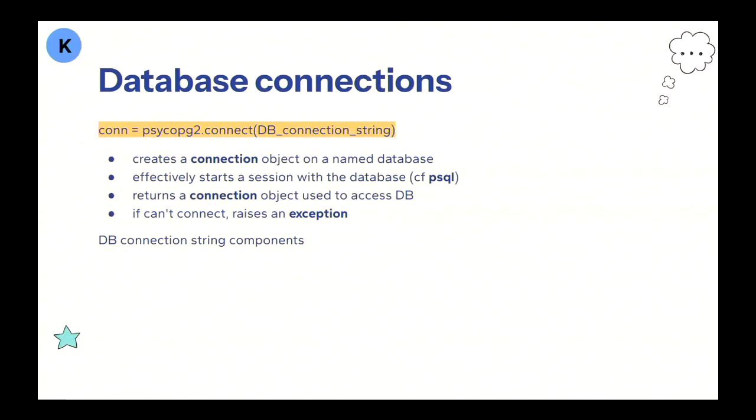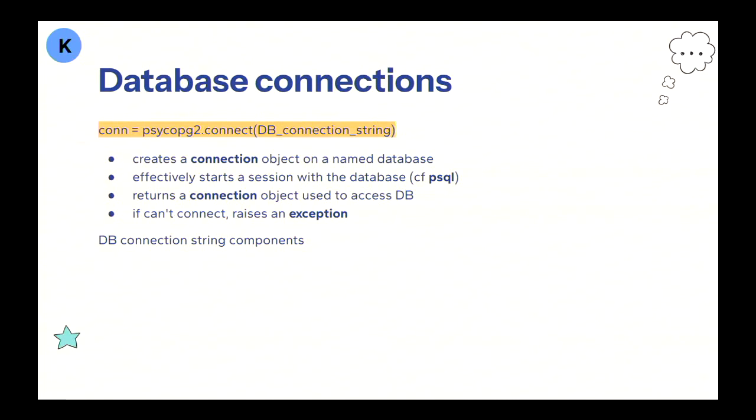All right, let's start the second half today. Let's now learn how to actually use this module to interact with Postgres. The most basic method to be used is called connect.